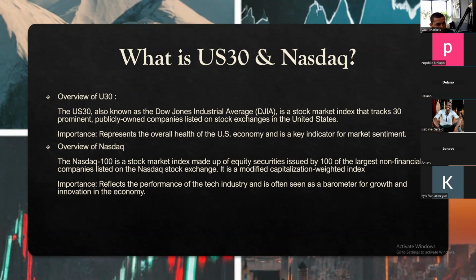Wait, sorry, my bad. The Nasdaq 100 is a stock market index made of equity securities issued by 100 of the largest non-financial companies listed on the Nasdaq Stock Exchange. So technically what's happening with Nasdaq is the top 100 performing companies in the US. Hence, if anything happens to any of these companies, it will also have an effect on the index itself.